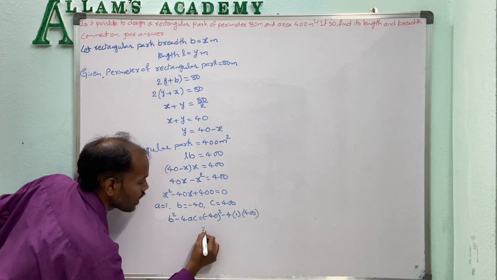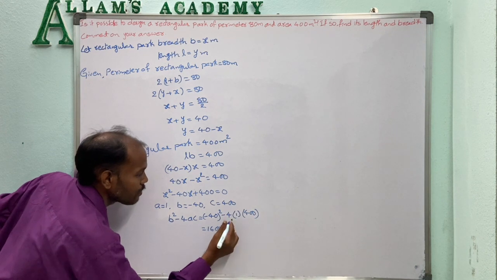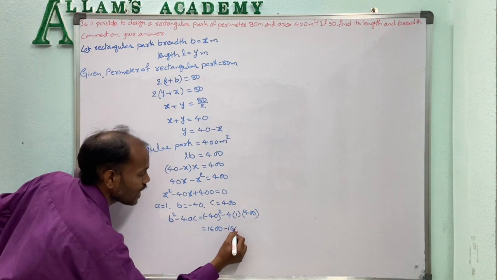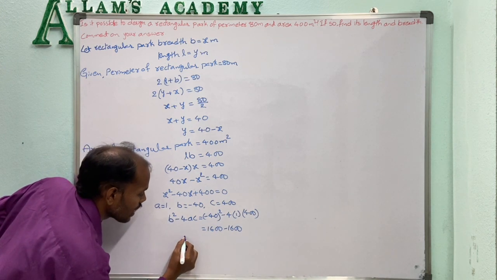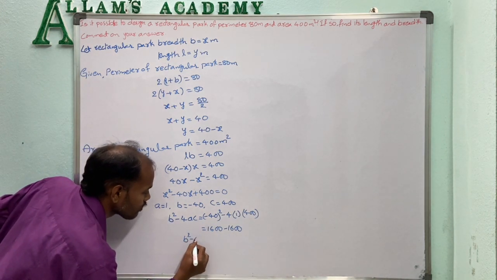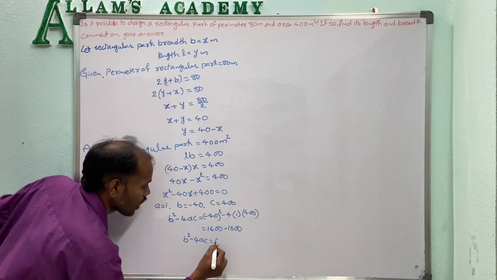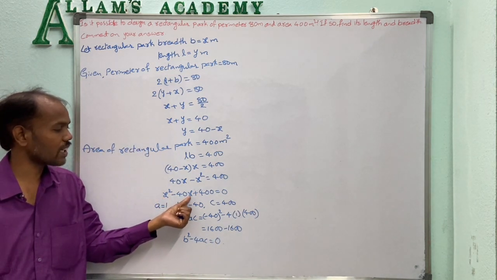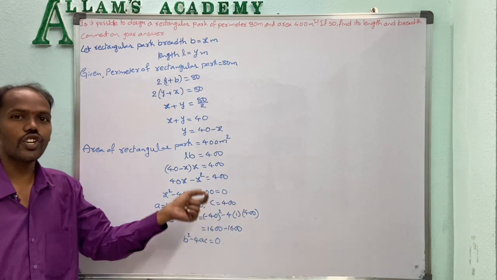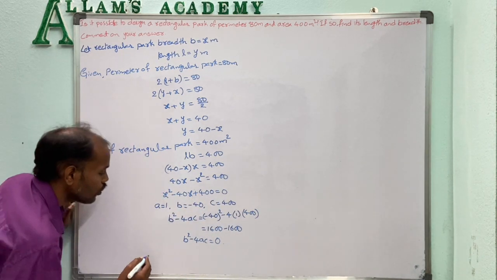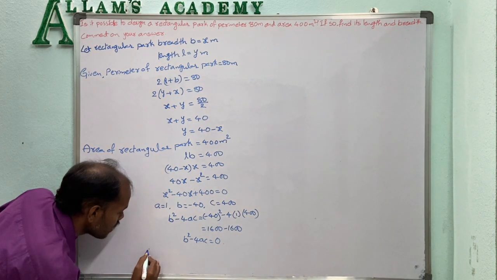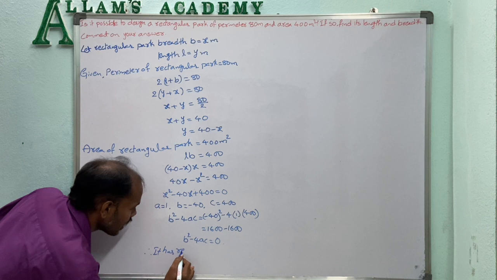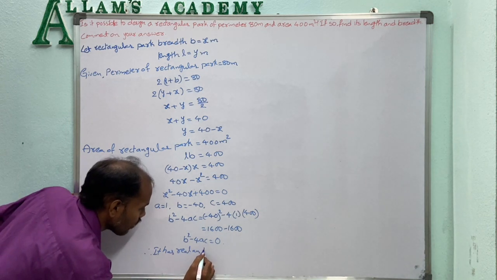Minus 40 whole square is 1600, minus 4 into 1 into 400, which is 1600. 1600 minus 1600 is 0. So b square minus 4ac equals 0. That means the quadratic equation x square minus 40x plus 400 equal to 0 has two real and equal roots.